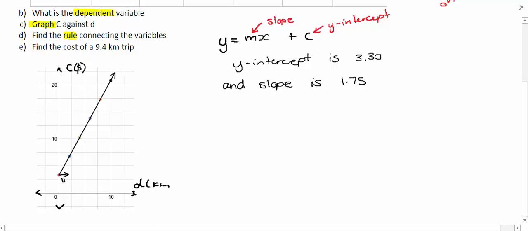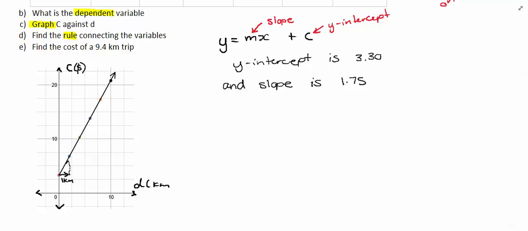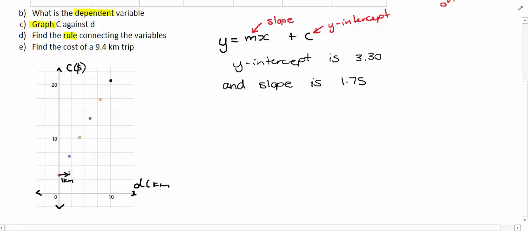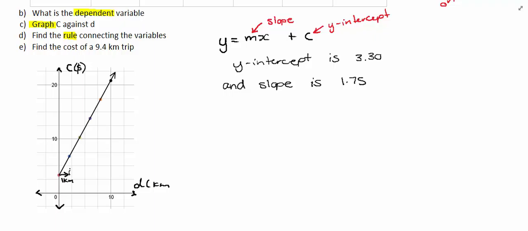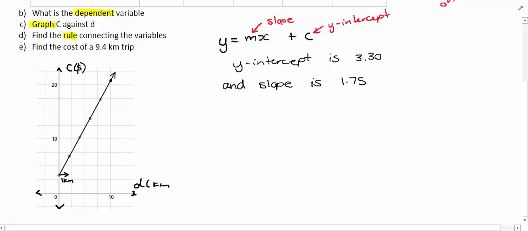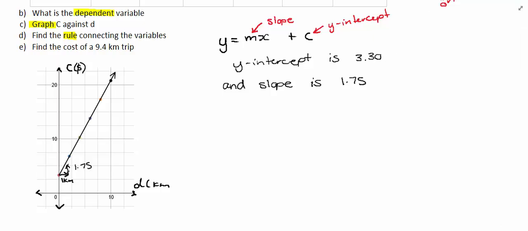If we go across 1 kilometre, we actually move up 1.75 or $1.75, because for every kilometre it costs $1.75. So the $1.75 per kilometre is a rate, and when we're dealing with these linear functions, that rate is related to the slope. So in this case, we've got slope is $1.75.